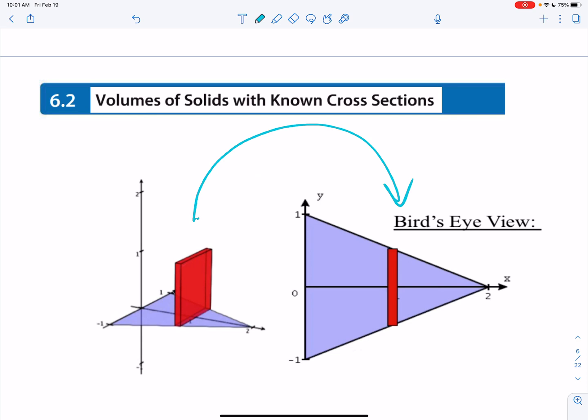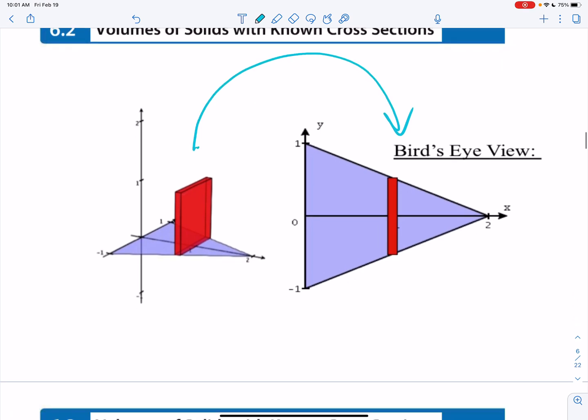And the surface is that purple region right there, or blue, whatever you call it. So, in theory, if I can find out the volume of this one slice, I can use calculus to find the volume of every single slice that I have here, an infinite amount. So here's what you do.